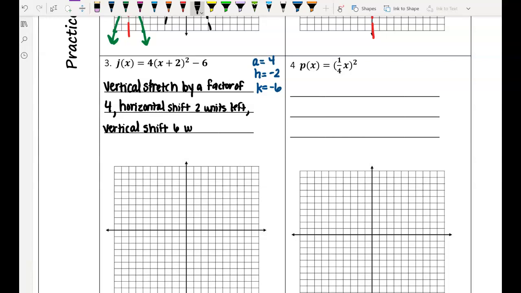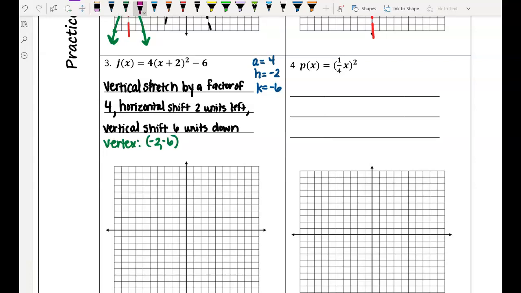Six units down. So you already told me my vertex is the ordered pair negative 2, negative 6.